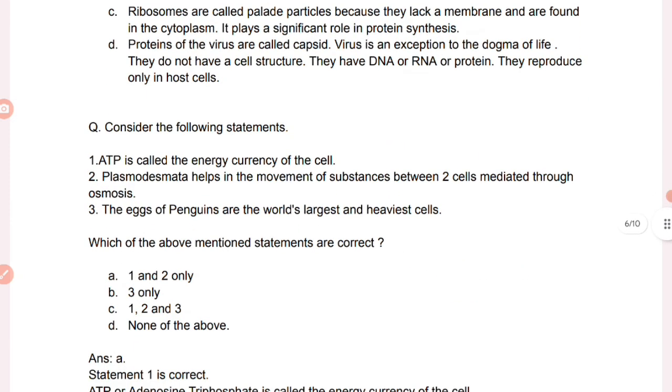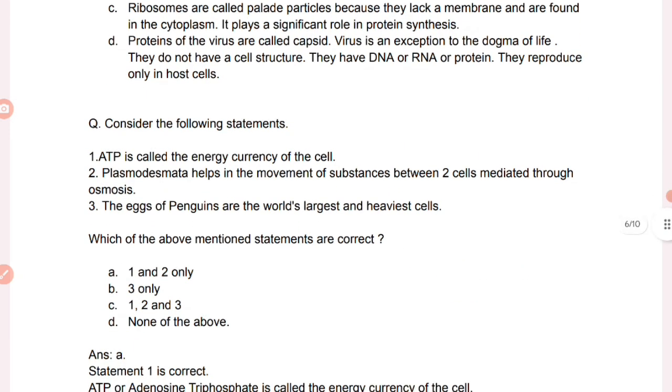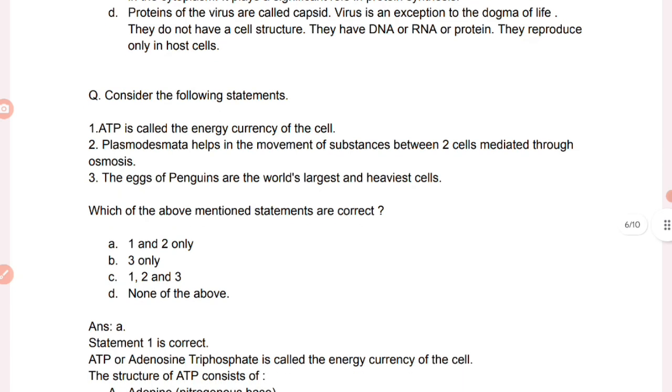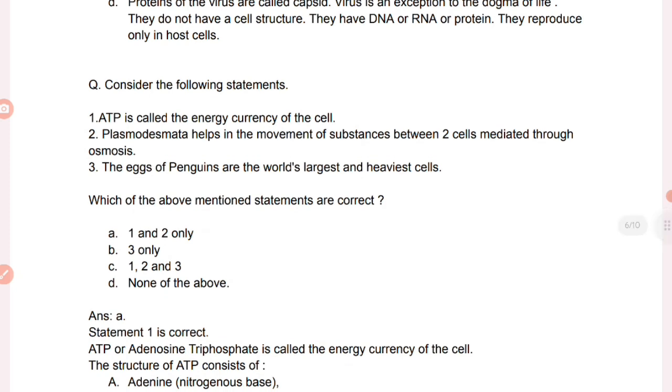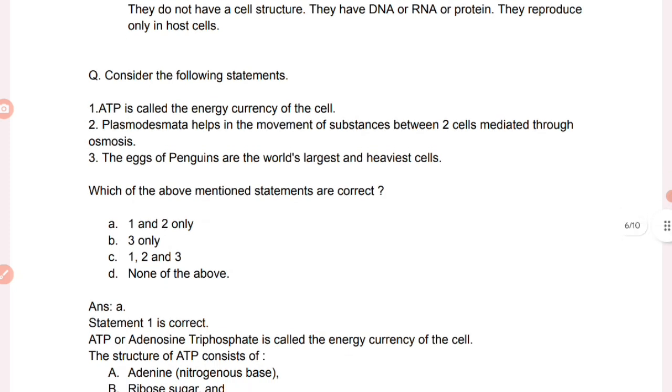Ribosomes are called pellet particles because they lack a membrane and are found in cytoplasm. It plays a significant role in protein synthesis. Proteins of the virus are called capsid. Virus is an exception to the dogma of life. They do not have a cell structure. They have DNA or RNA and protein and they only reproduce in the host cells. They require a medium to reproduce. Okay.